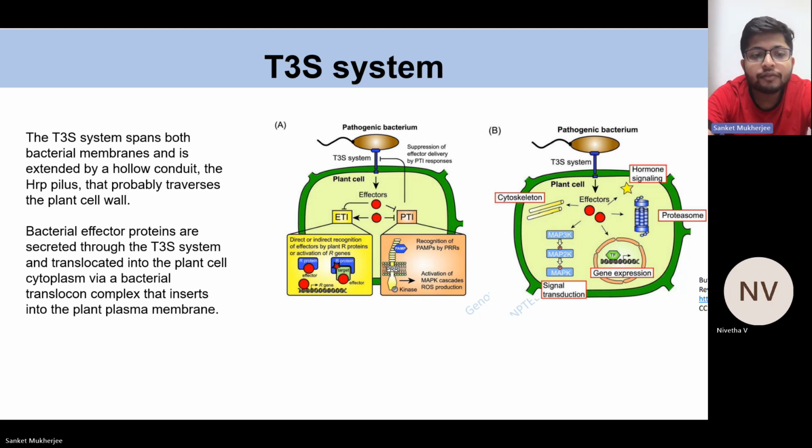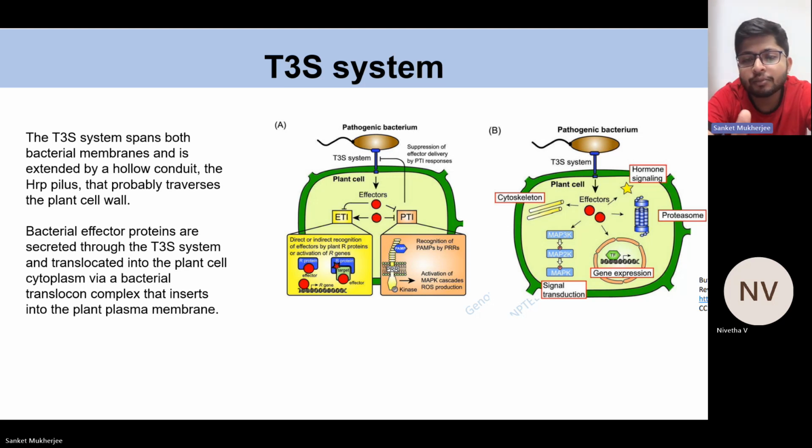Now, bacterial effector proteins are secreted through the T3S system and translocated into the plant cell cytoplasm via the bacterial translocon complex that inserts, in this case, proteins into the plant plasma membrane. So this is how it works.